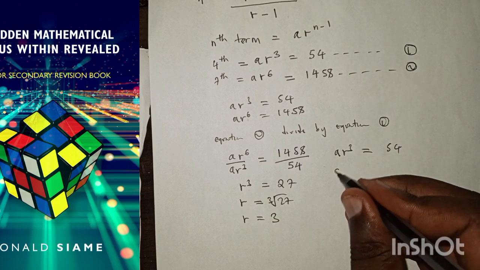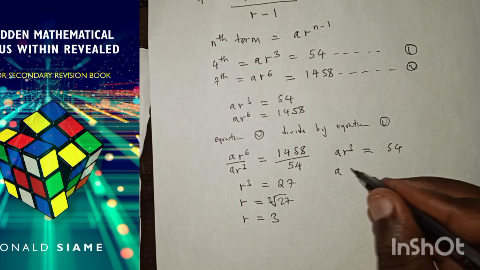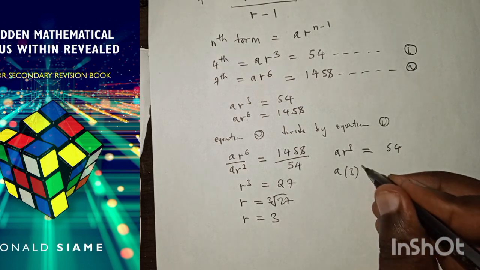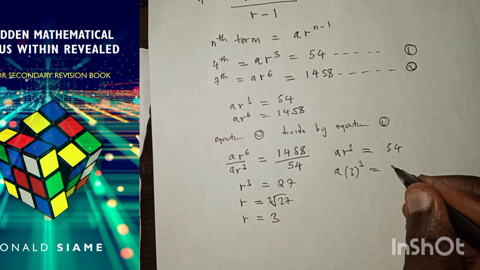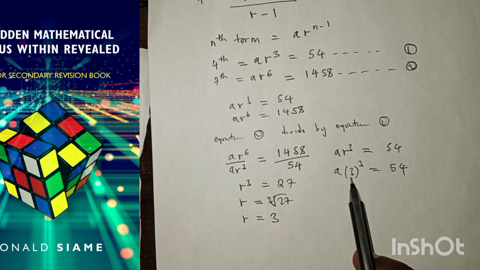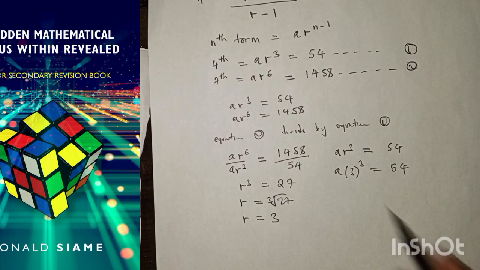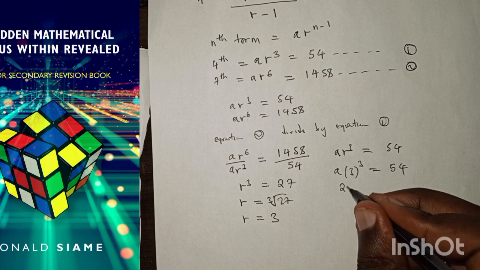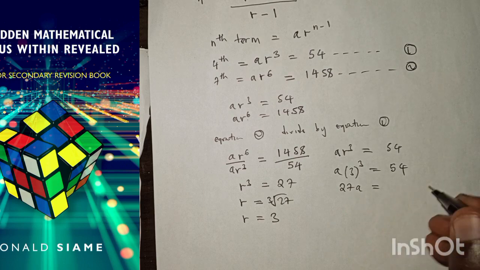Okay, so r is 3. So you put 3 to the power 3 is equal to 54. So what is 3 cubed? 3 cubed is 3 times 3 times 3. That is 27. 27 times a, that is 27a, is equal to 54.